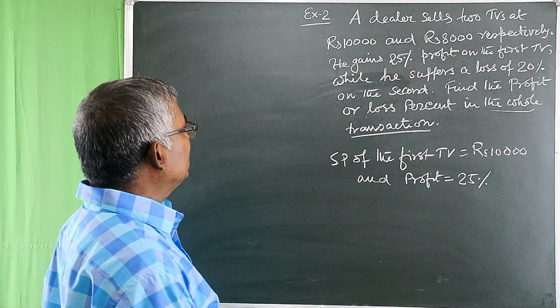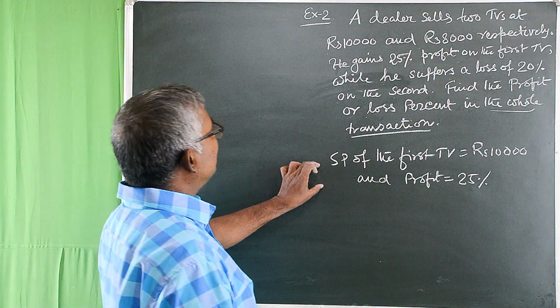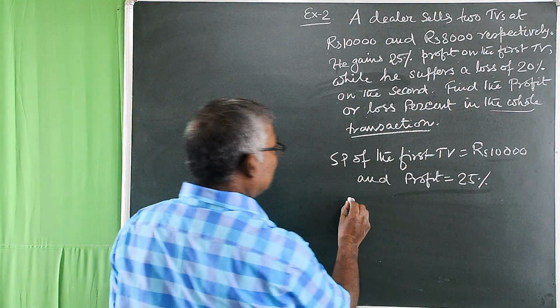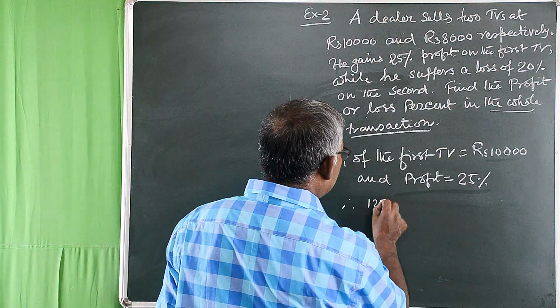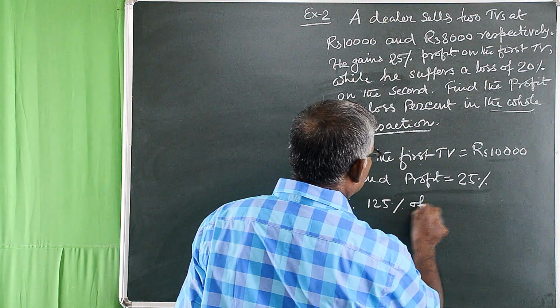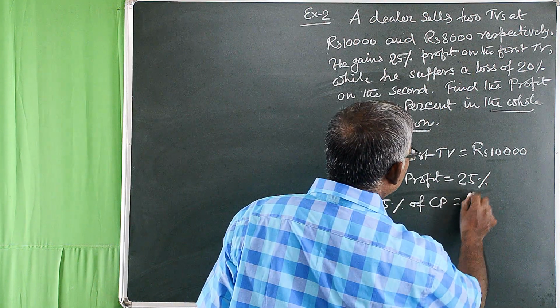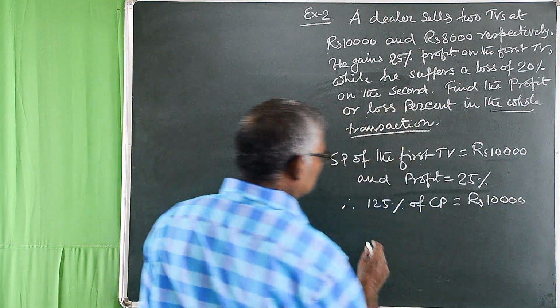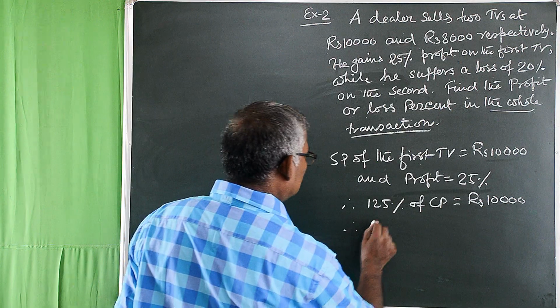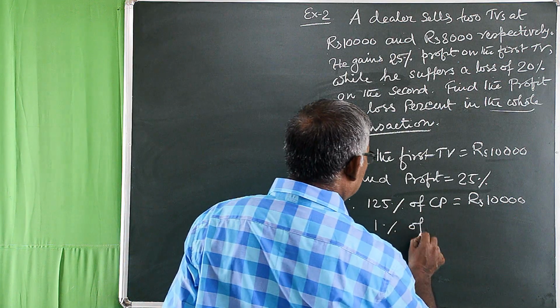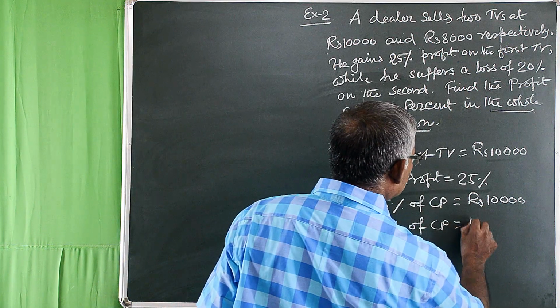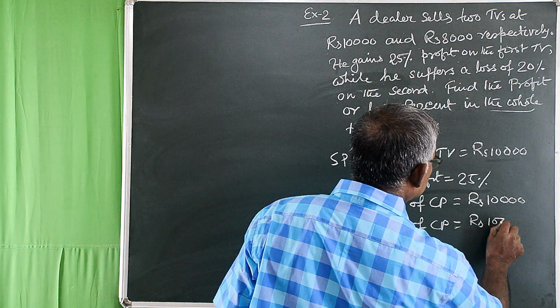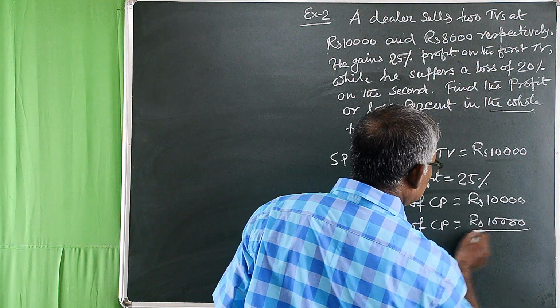Students, now we have to calculate the cost price of the first TV. Therefore, 125% of CP equals rupees 10,000. Therefore, 1% of CP equals rupees 10,000 by 125.